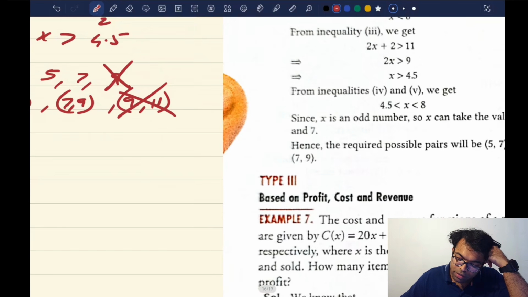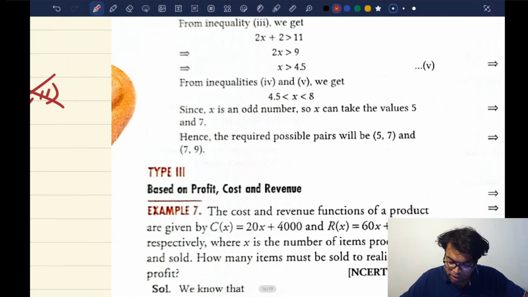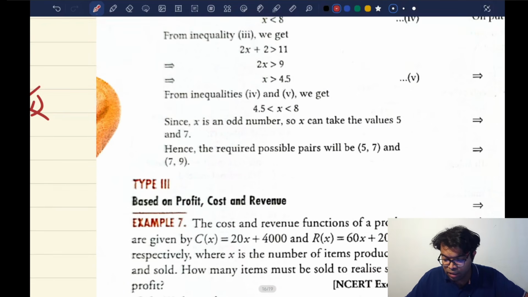Based on profit, cost and revenue. Okay, so Drupad, can you tell me what is the difference between cost and revenue? How are cost, revenue, and profit related to each other? You learned this in 8th class when you were doing comparing quantities.